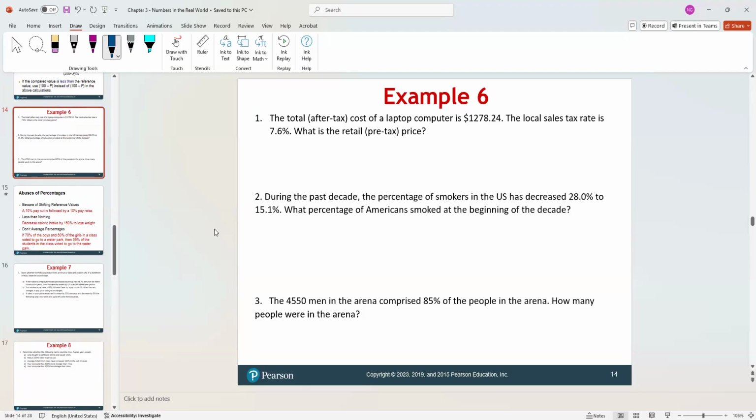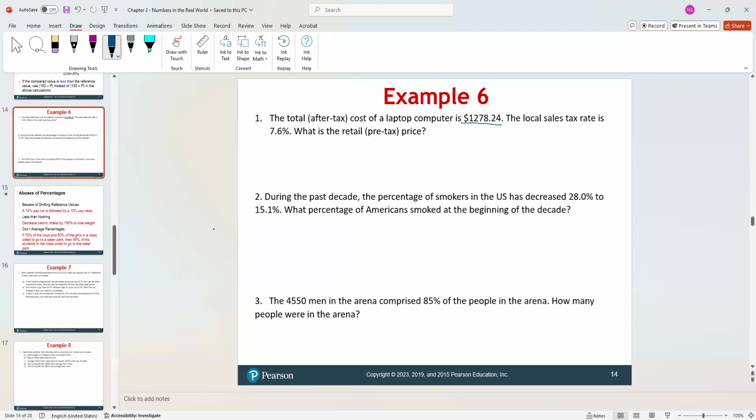It's very important to view more examples. Some of the problems we can review: the total after-tax cost of a laptop computer is $1,278.24. The local sales tax is 7.6%. What is the retail price?